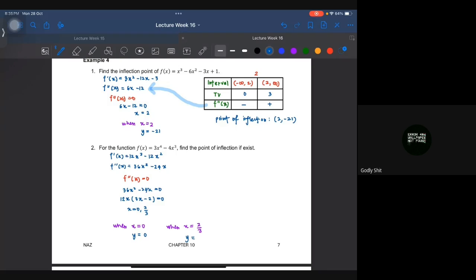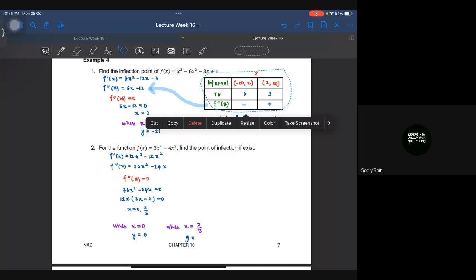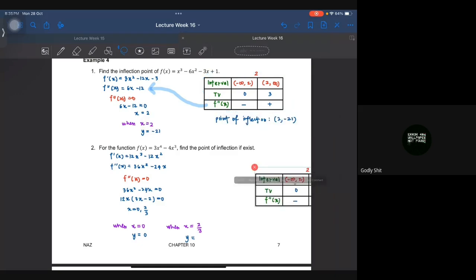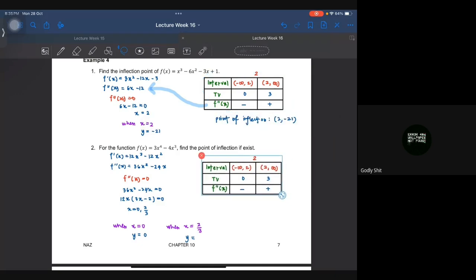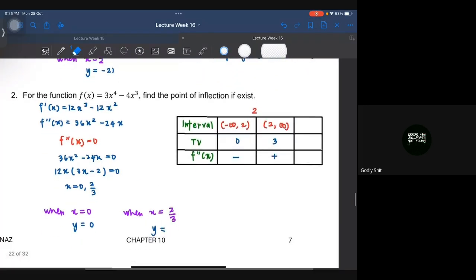Okay, so untuk table of sign kita copy balik yang ini, and then kita paste dekat sini. Okay, so from here table of sign kita dia akan ada one extra column, sebab kita ada two values of x sekarang. Okay, tambah satu lagi column dekat sebelah kanan. Okay, so value of x kita madam isikan dulu dekat table ni, nanti awak lengkapkan.